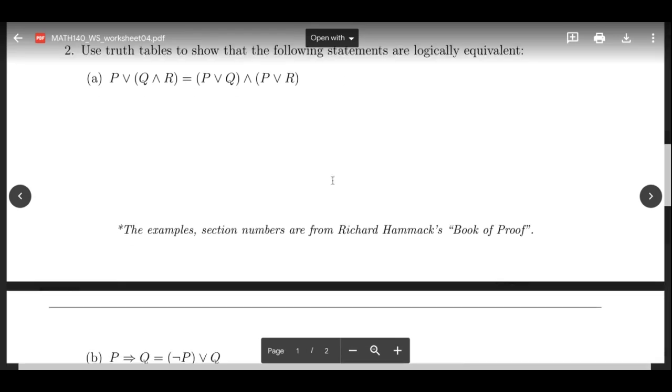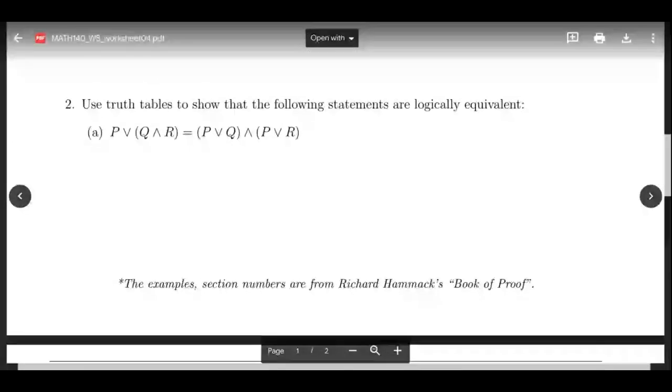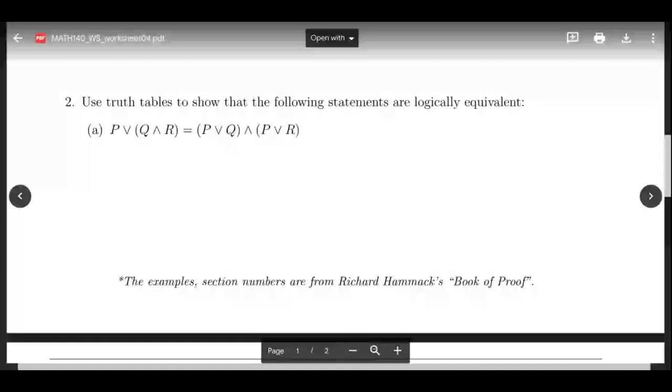Oh, okay. Ajaya, do you like to show your truth table?